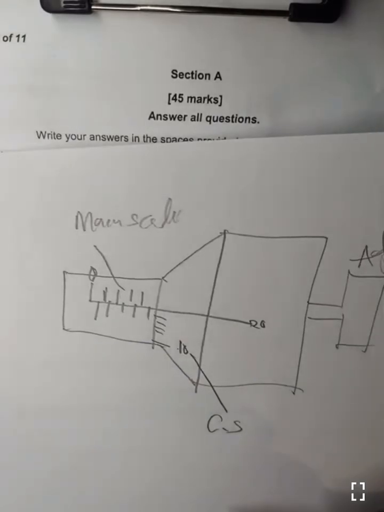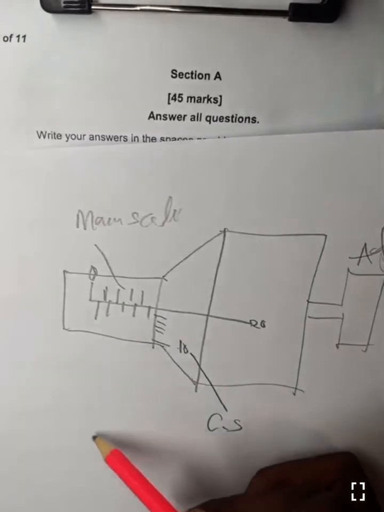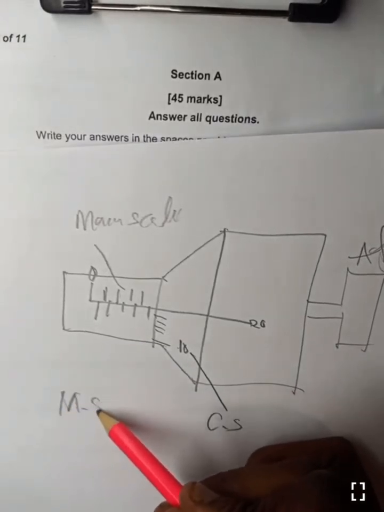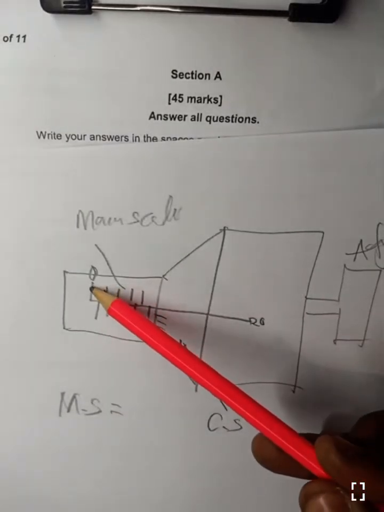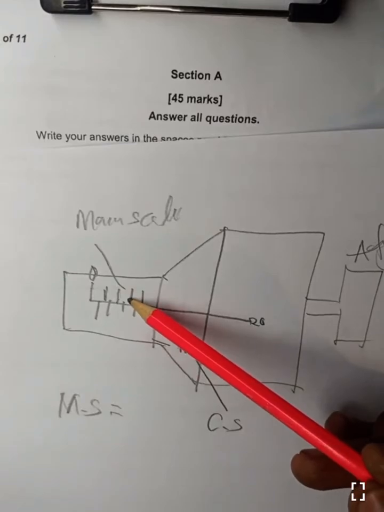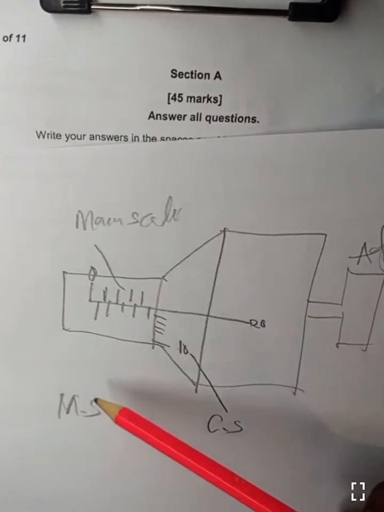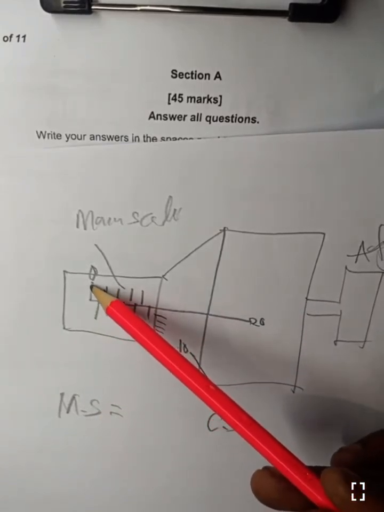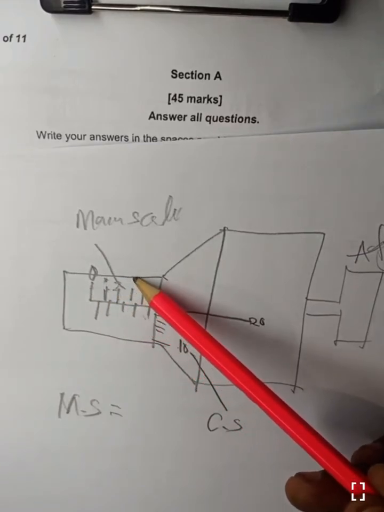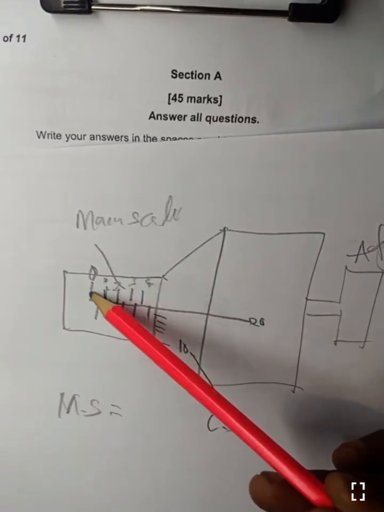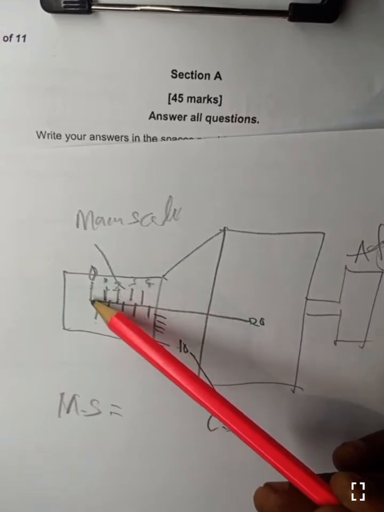So how do you get the reading? You need to find the main scale first. How do you get the main scale? You first count: this is 0, 1, 2, 3, 4. Now, how do you count these which are down? Between 0 and 1, what is between? 0.5.